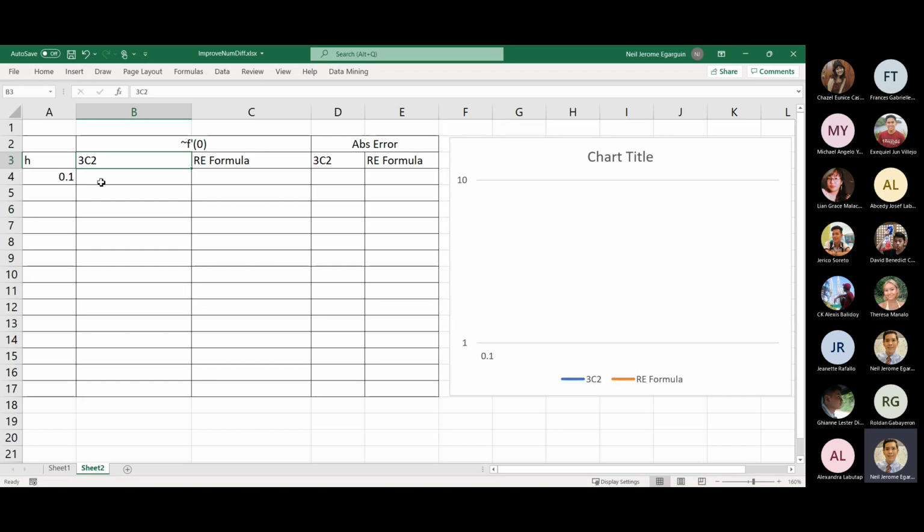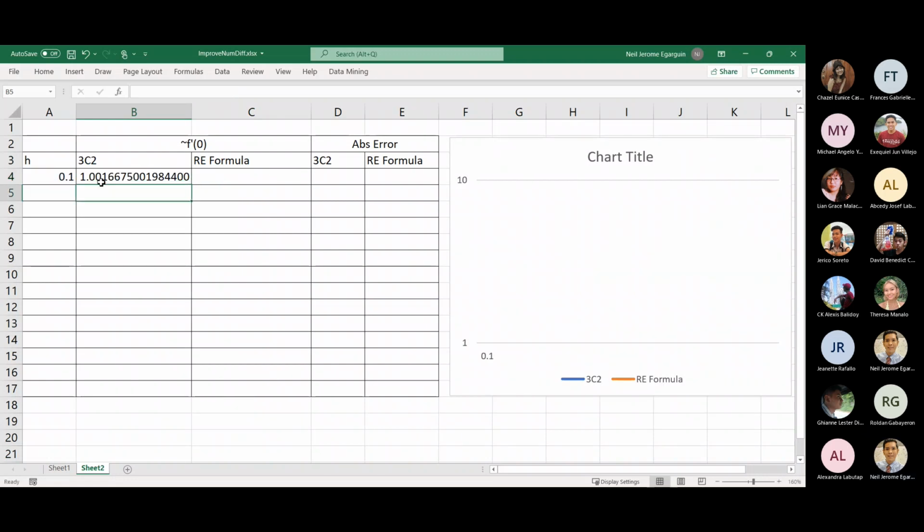Second ay central or centered. It could be forward or it could be backward, pero yung example natin ay centered. Tapos yung last digit siya yung order of convergence. So it's a big O of h squared. And then the formula is, remember, it's e to the 0 plus h minus e to the 0 minus h all over 2 times h.